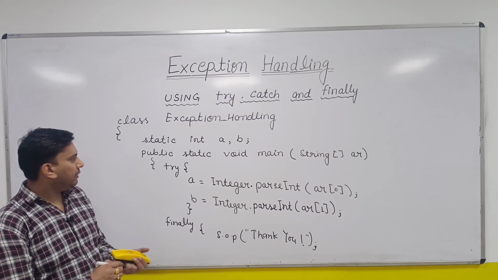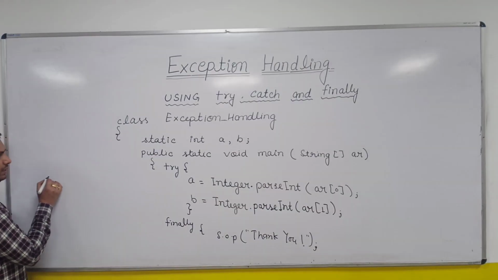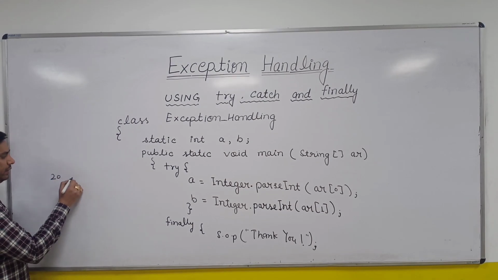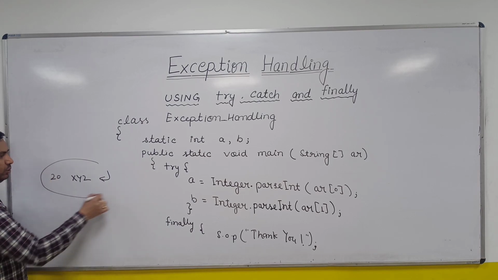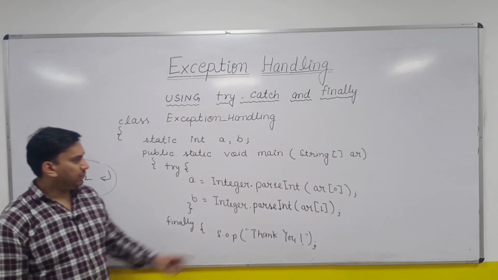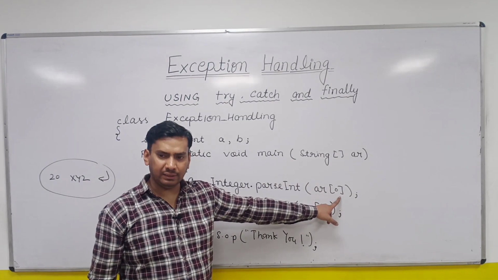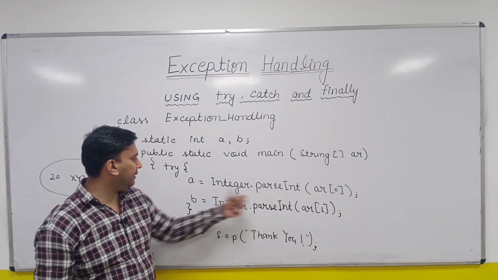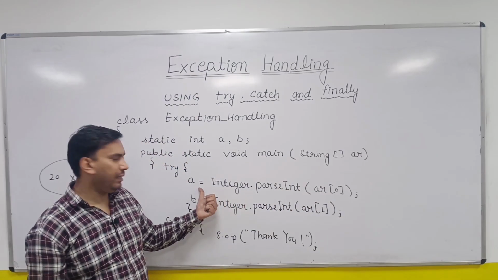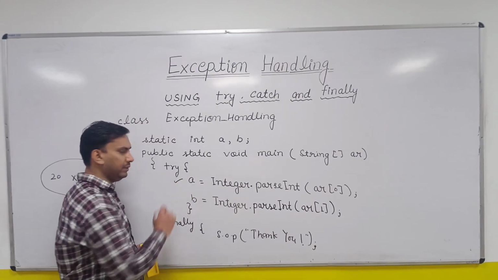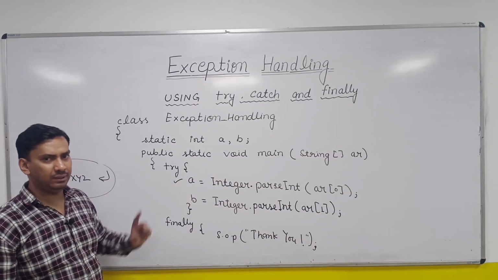Means what will happen? Suppose when I run this program, I will pass the input 20 and XYZ. I pressed enter. So 20 and XYZ means first input will go to the AR0. It will convert into the integer. No problem. 20 is an integer. This line will be compiling successfully, executing successfully.